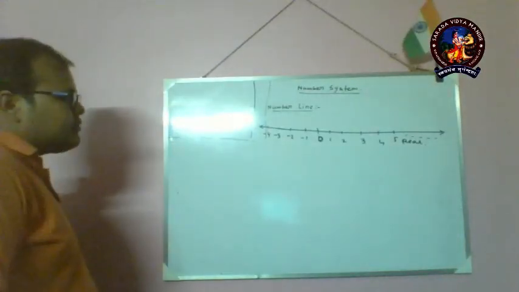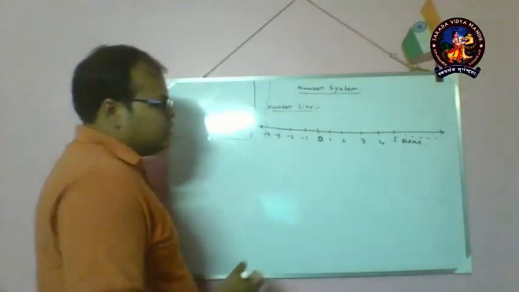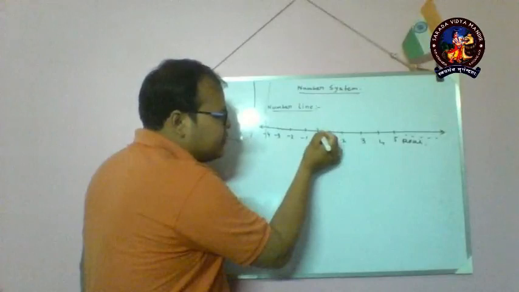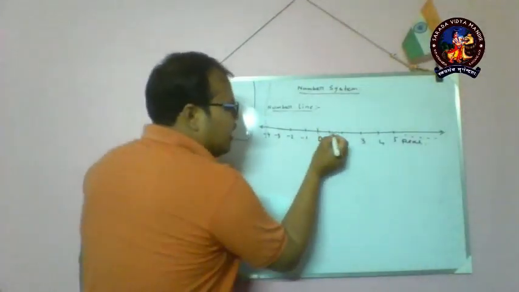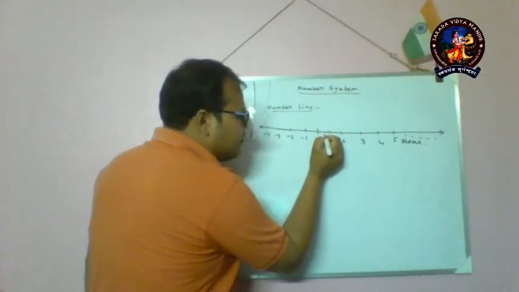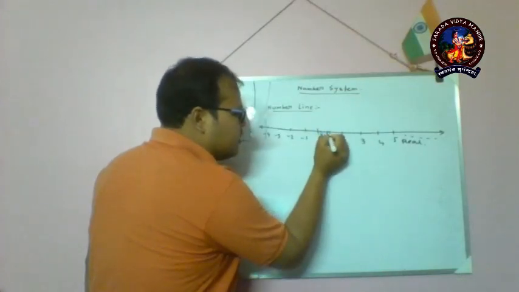And so we are interested now to know about the numbers which are there between these consecutive two integers. Suppose let's take 0 and 1. Between them some fractions are there, 1/2, 1/3, suppose 3/4.